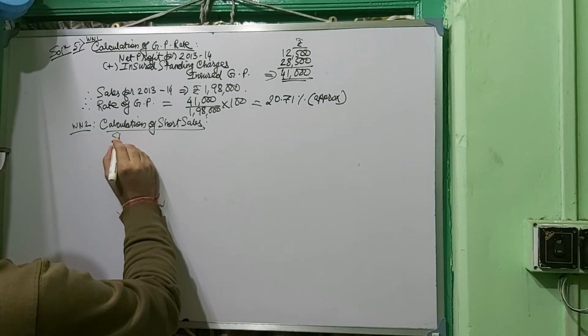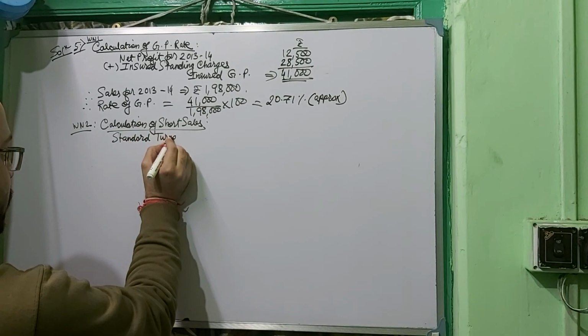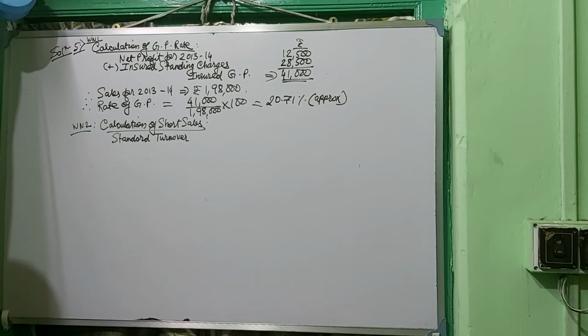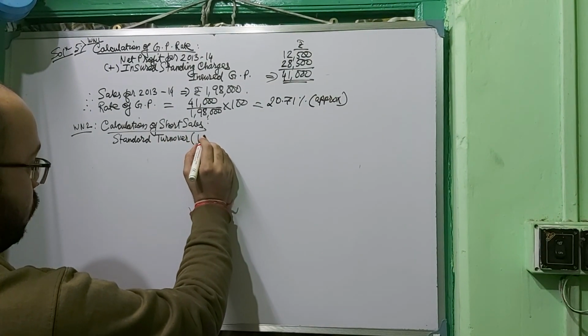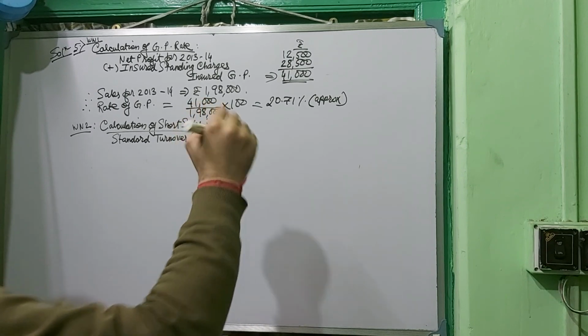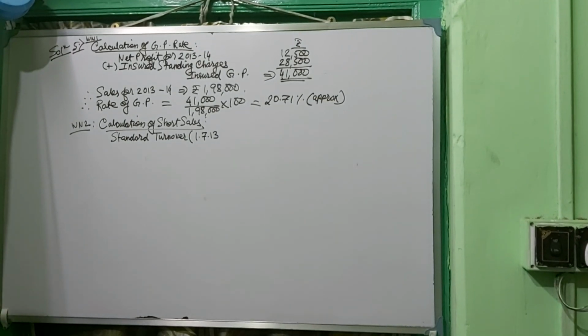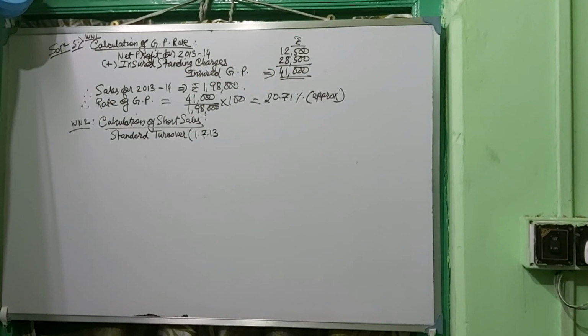As standard turnover has been given, what is the amount of standard turnover? It is from 1st of July 2013 to 31st of December 2013. You have to keep in mind that standard turnover means the turnover of the previous year corresponding to the period of indemnity.